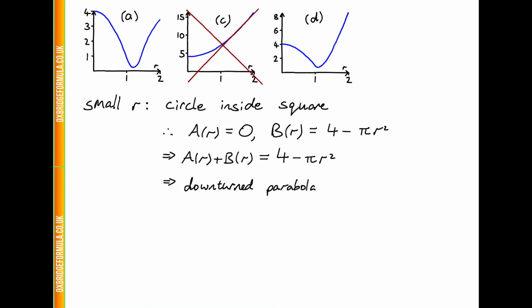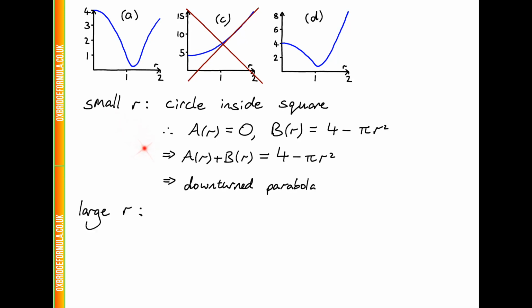So now let's similarly think about the case when r is very large. Well, then the circle will be very big, r is the radius of the circle, so the square will fit inside the circle. And in that case, A of r, which is the area inside the circle outside the square, will be all of the area inside the circle minus the area that's inside the square, so it will be pi r squared minus 4.